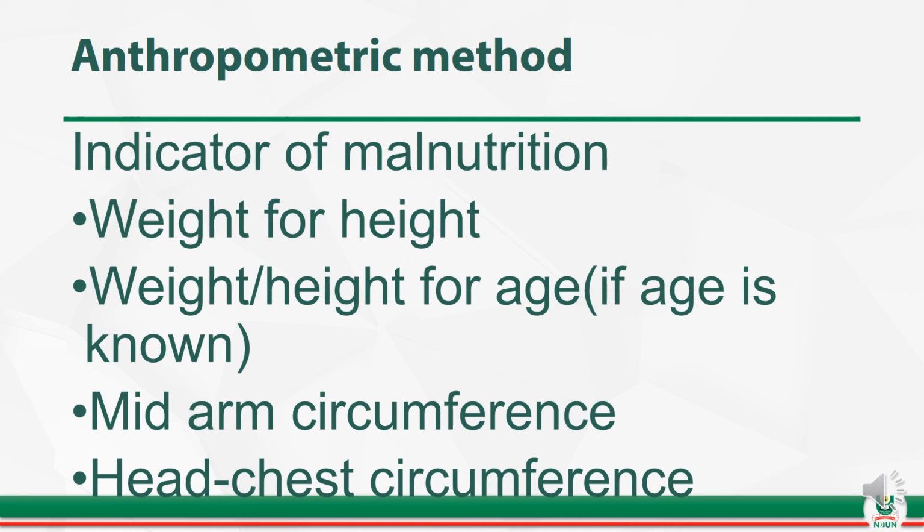But you need to compare each indicator with another indicator by looking at weight for height, weight for age, or height for age, if the age of such a child is known. Then you have the mid-arm circumference, and you can also compare the head and the chest circumference. So these are indicators, like I said, of what you measure, and when you compare them with the international or local standard, that can tell you whether such a child is malnourished or chronically malnourished, and the growth pattern of such a child.